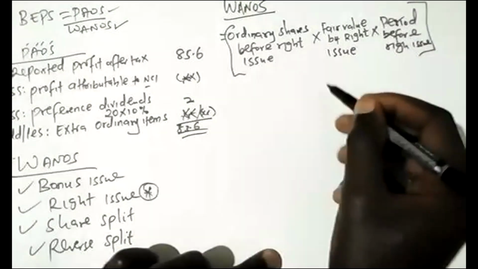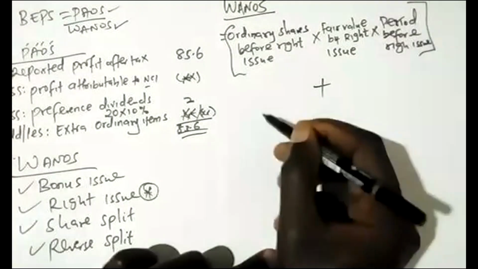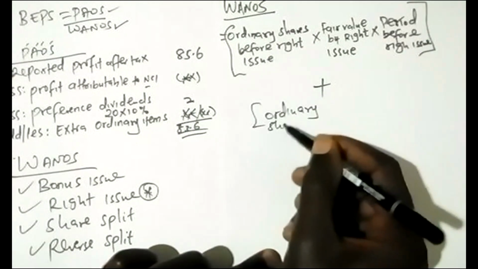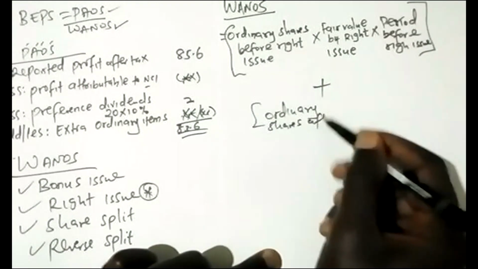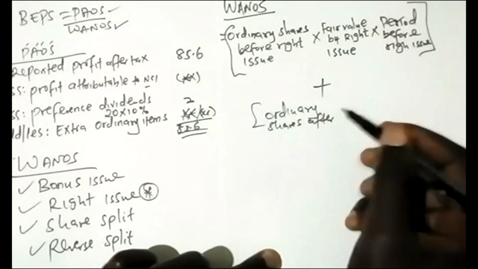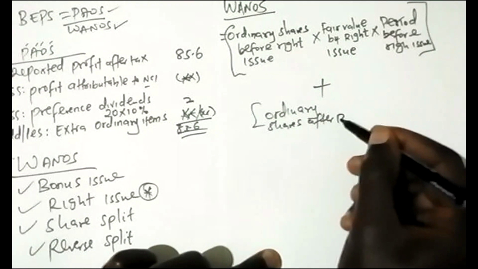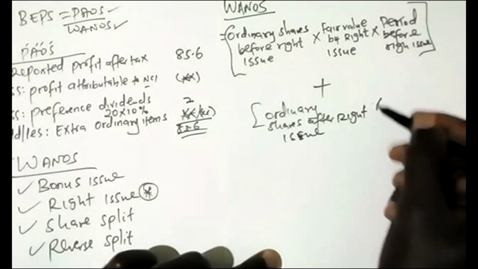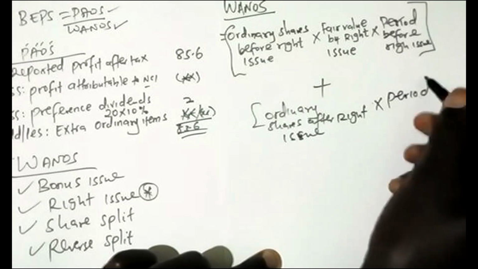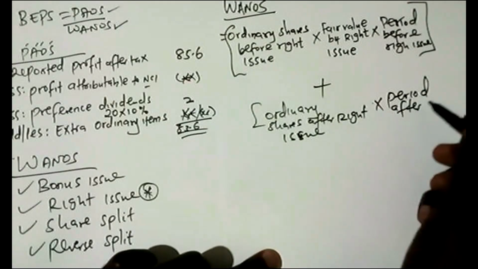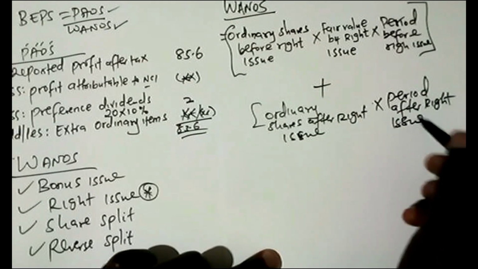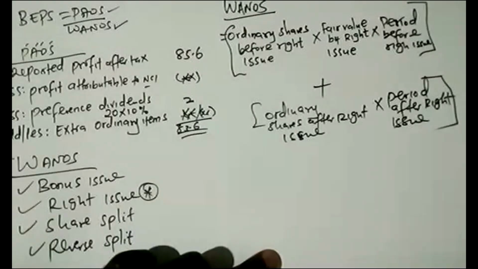After getting your answer from that, you add ordinary shares after right issue, and you multiply with the period after the right issue. That is what you are supposed to do.